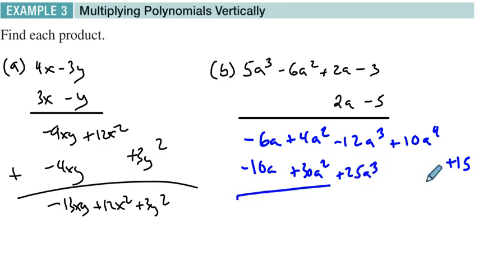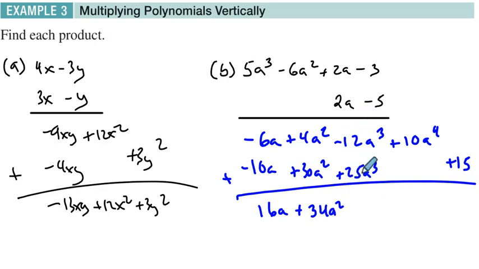All right. Draw our line across, and we just combine like terms and add down. So combine those together and I'll get 16a. Combine these together and I'll get 34a squared.